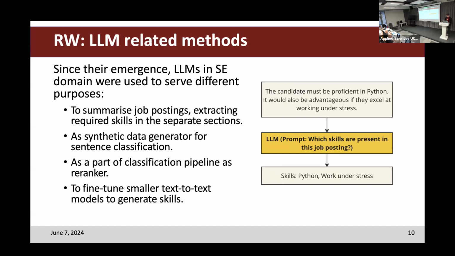That improved this approach as well. And fine-tuning smaller text-to-text models to generate skills, like to do the summarization, was done as well. But we also didn't find an evaluation of this approach, except for the human feeling that it summarizes well.